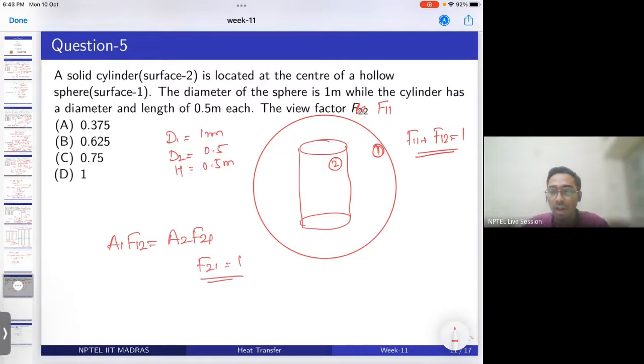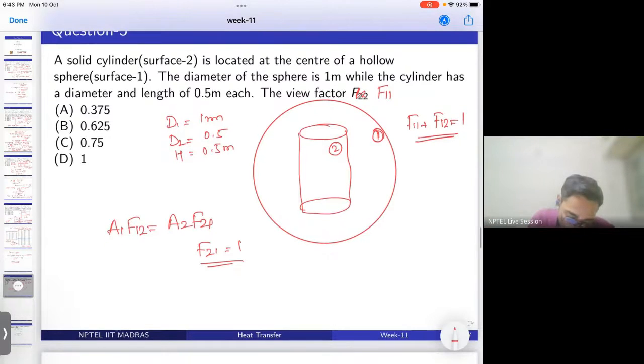So whatever radiation is emitted from the cylinder will fall on the sphere. That is F21, from 2 to 1, it will be 1.